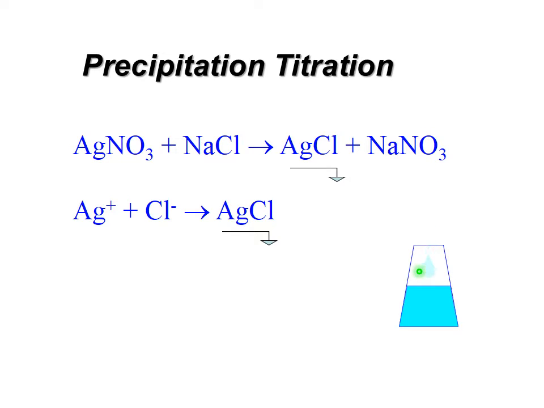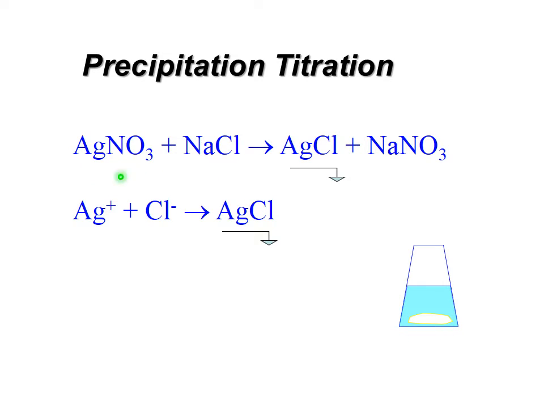one of the most common is titration of sodium chloride with silver. When you titrate, the solution becomes first clouded and then white precipitates form on the bottom.